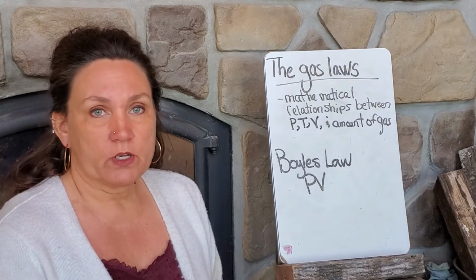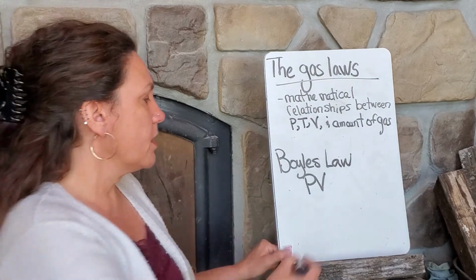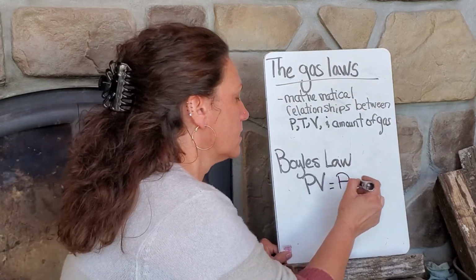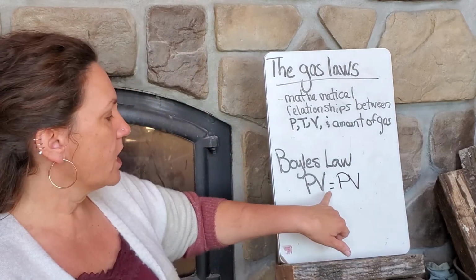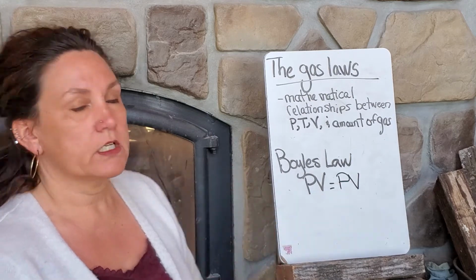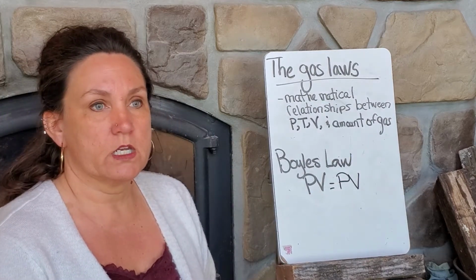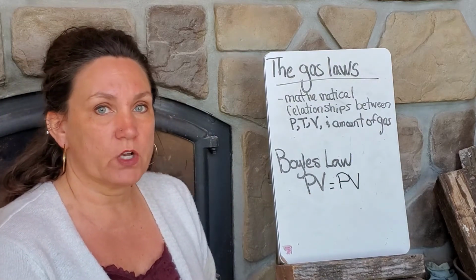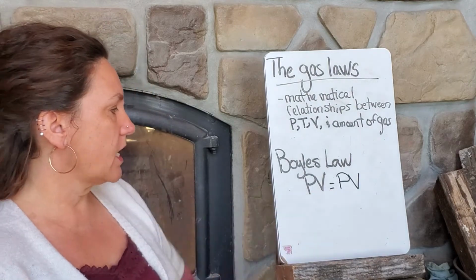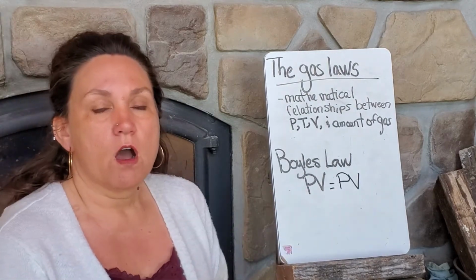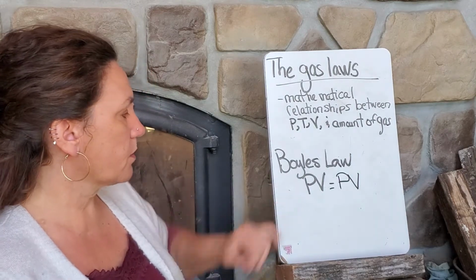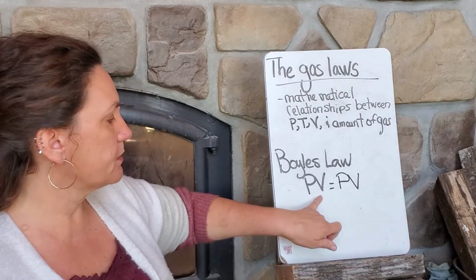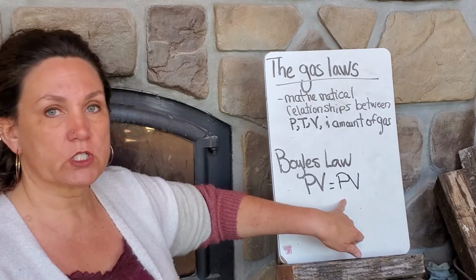We're going to use that to our advantage to solve a problem, because if we maintain that same system, if it's equal to a constant, then we can change the pressure or the volume and still have that same constant. So our formula that we're going to use to work Boyle's law is pressure times volume equals pressure times volume.